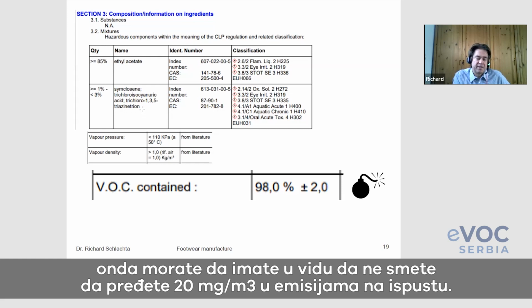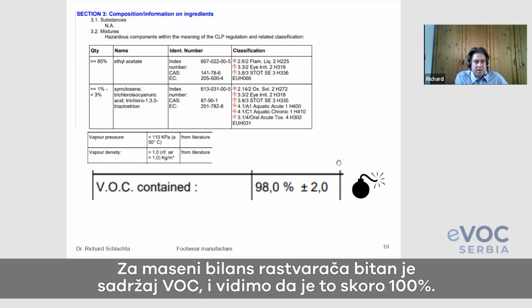But if this H statement for the halogenated substances is given, then you must keep in mind that for the stack emissions, they may not exceed 20 milligram per cubic meter. So important for us now for the solvent mass balance is this VOC content, and you see it's almost 100%.